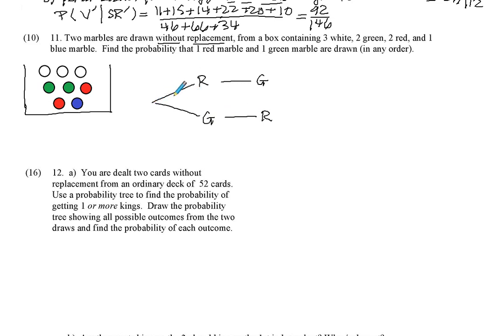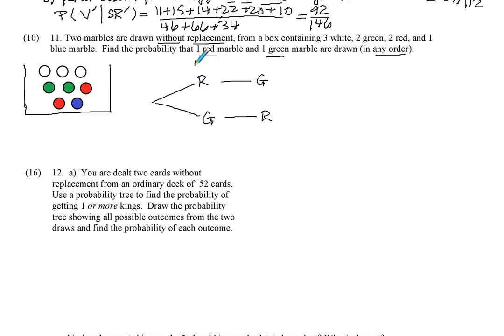There actually would be a 4-way split on the first branch, and then a 4-way split on each of these second levels. So you'd actually have 16 branches. But these are the only 2 that we're interested in, red green or green red, because it says 1 red, 1 green, any order. So we only need to draw the branches of the tree diagram that we're interested in.